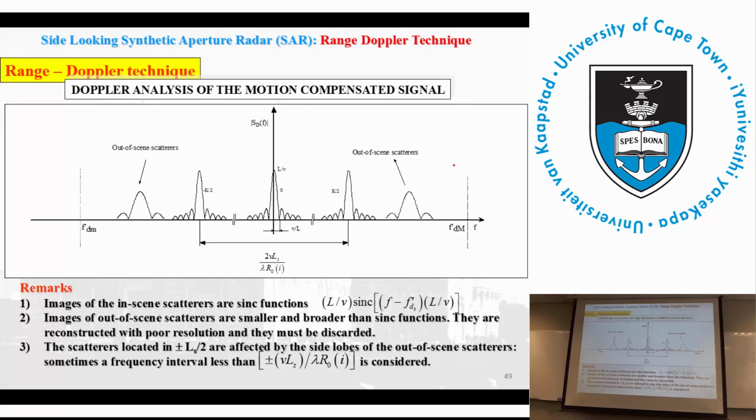T12. So that T12 here will be the first zero. So that tells me about the resolution. If I have scatterers that are at a distance that is at least this much, then I will see them separated.